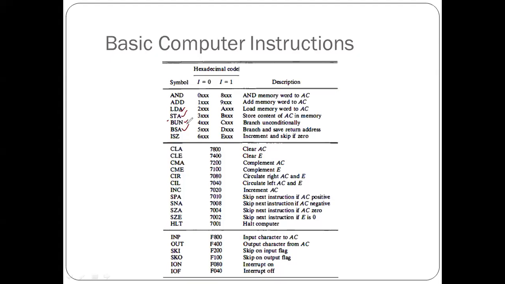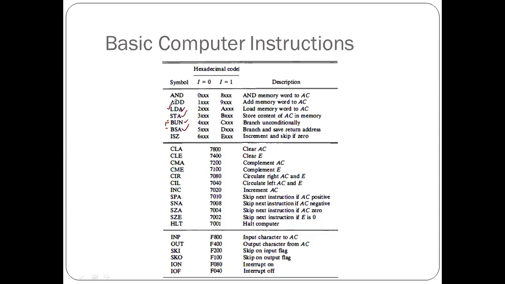Whenever you want to move your control, you have to proceed executing from the next cycle onwards by starting from some other memory location where you have some program. That address has to be saved in your 12 bits. So these instructions also come under memory reference only, because we are referring to some other memory for the program.